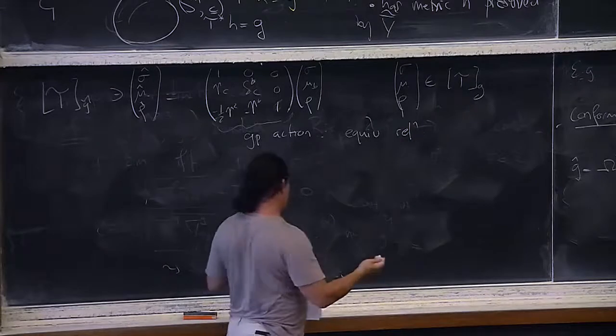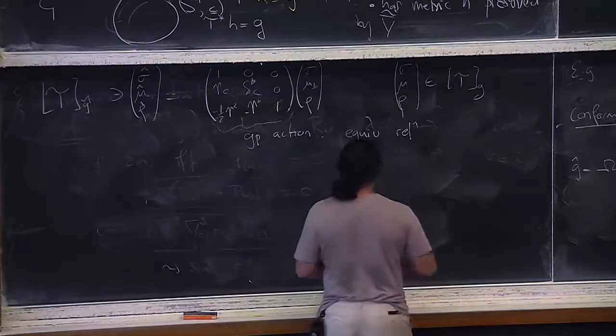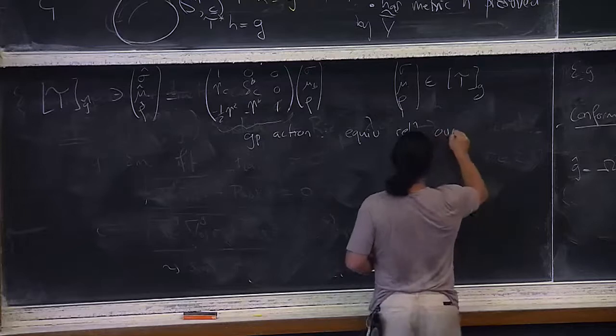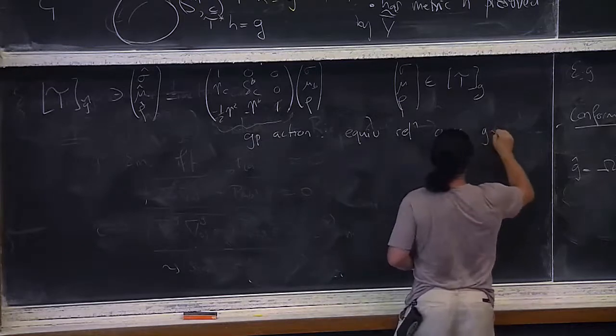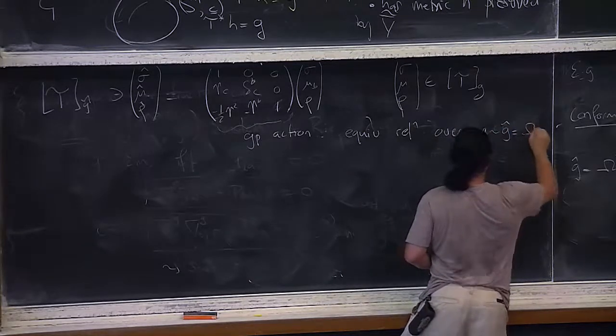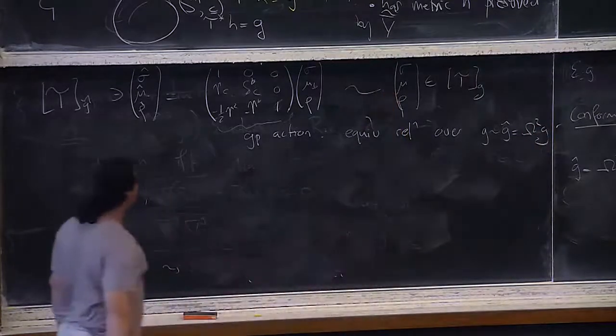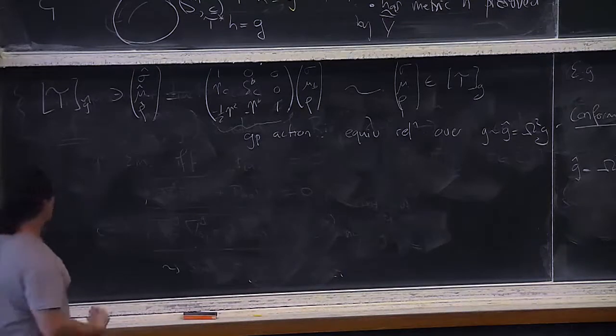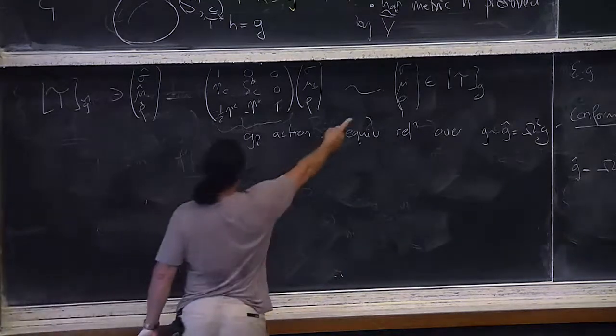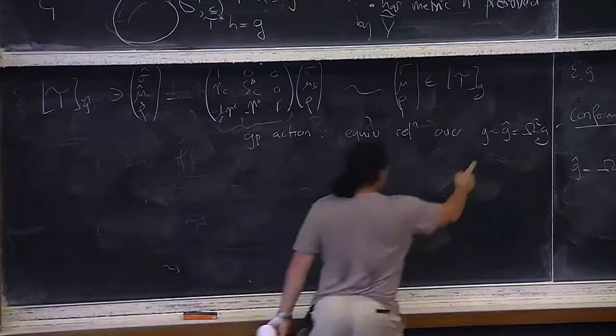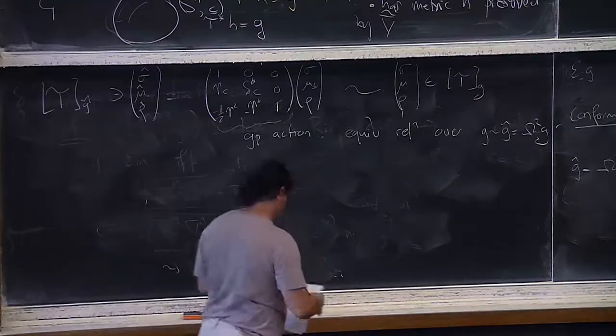It's transitive, but the other bits of the equivalence relation are obvious. So you get an equivalence relation over the equivalence relation between G and G hat. We can define things to be equivalent in this way, over the equivalence that we have on the conformal manifold.